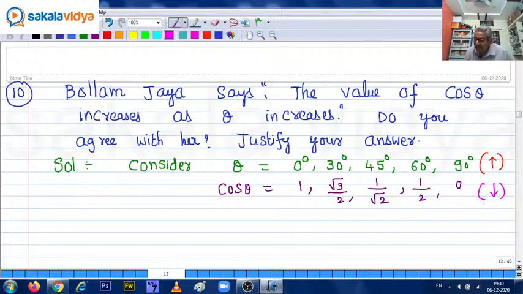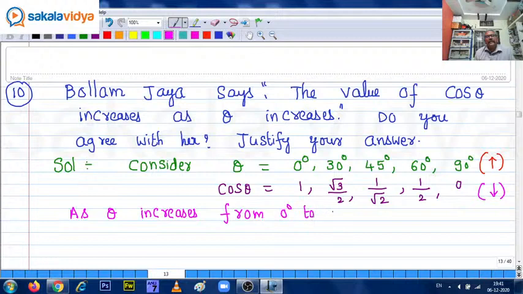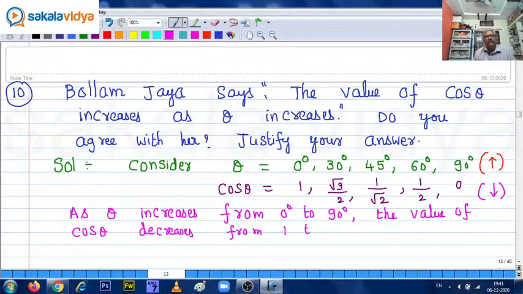Ninth question is not false, it is true only. So write down like this now. As theta increases from 0 degrees to 90 degrees, the value of cos theta decreases from 1 to 0.